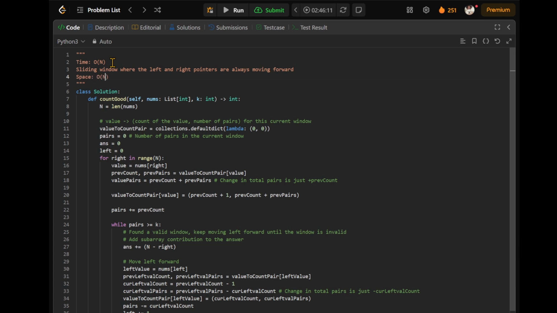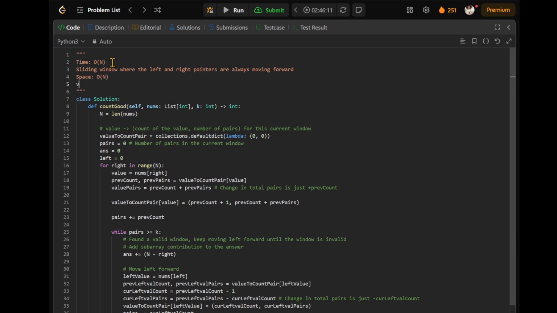And the space is O of n, because we have the hash map value to count pair, and this hash map, the worst case is when we have all the values in the nums are different. So we're going to be adding every single value in nums.